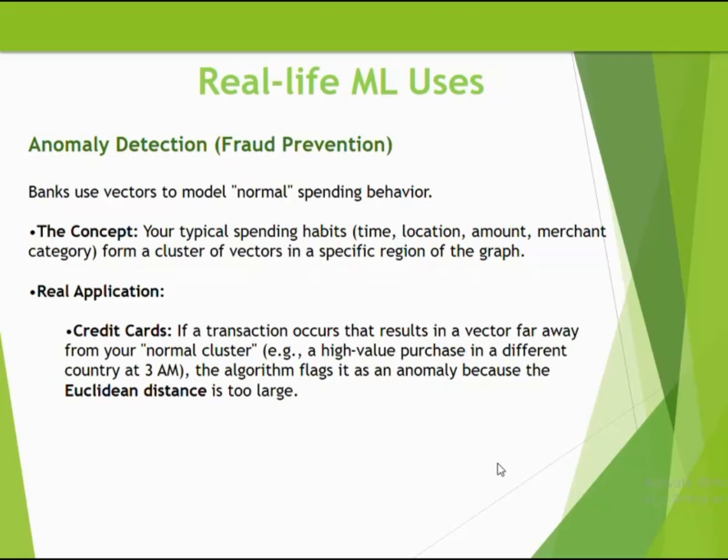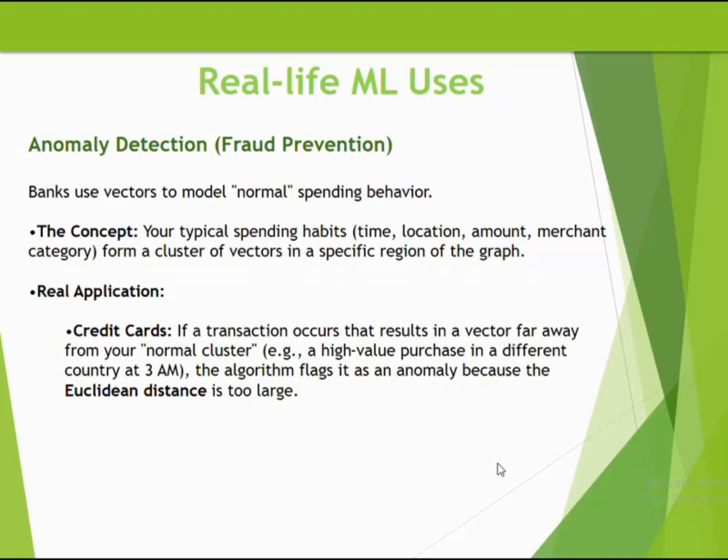The time when I usually spend through credit card, the location where I have done the spending, the amount, the trend of amount that I spend, and also the merchant category, whether I spend more on electronics, on clothes or whatever it is. Based on that, a cluster of vectors is formed in a specific region of the graph.